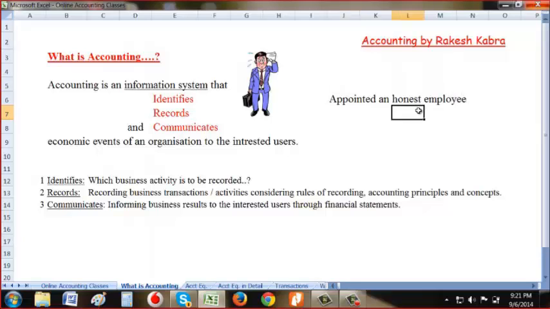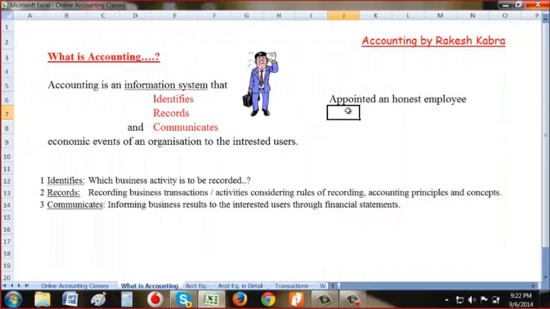I started a business and appointed an honest employee, but I can't record this event because this activity doesn't have any economic value, any monetary value. Though we know that an honest employee is really very fruitful for the business. If we have honest, dedicated employees, definitely our business will grow in the future.